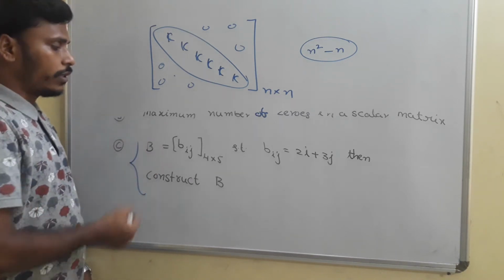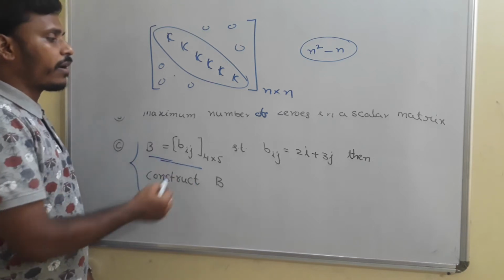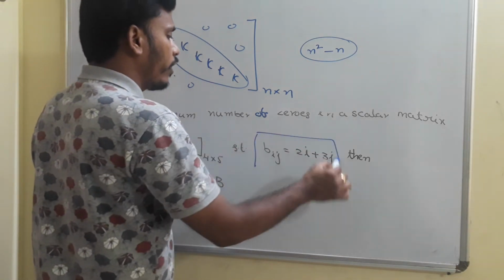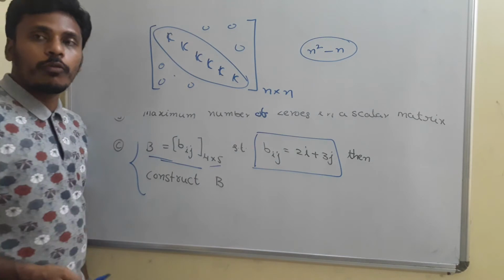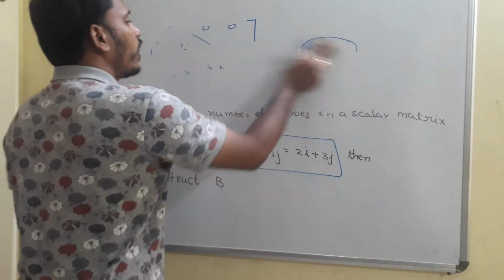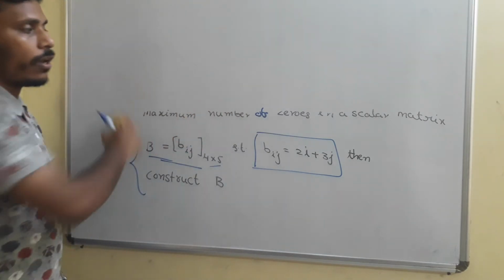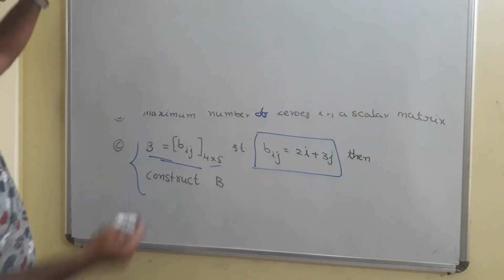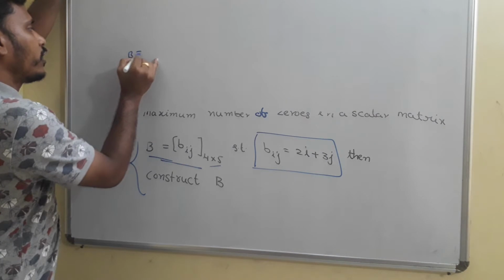Whereas coming to the third one, we need to construct matrix B with this particular definition, and the order is given as 4 by 5. 4 by 5 in the sense 4 into 5, there exist 20 elements in the matrix. I think you are all aware of writing that B with the definition.